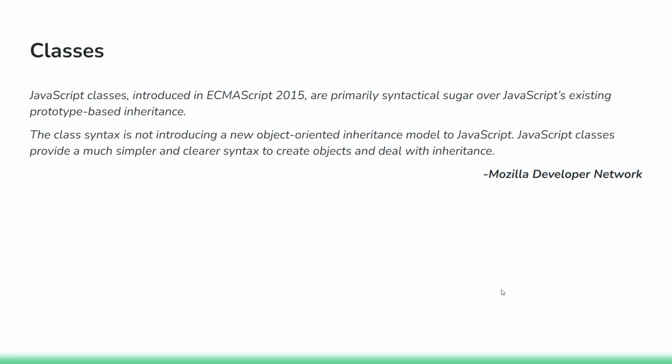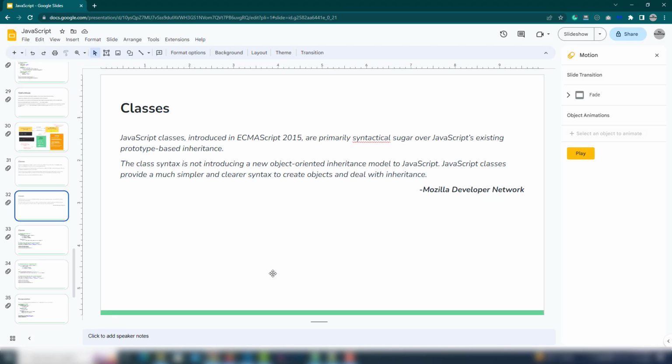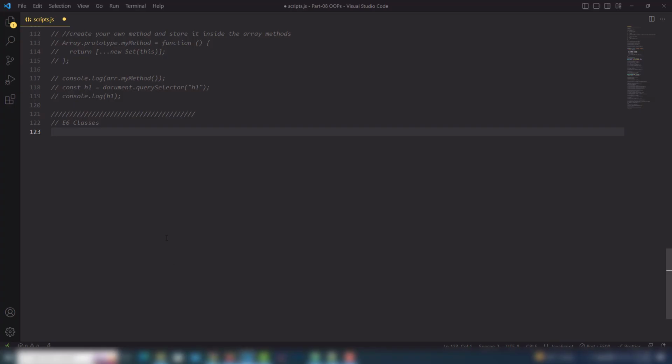The class syntax is not introducing a new object-oriented inheritance model to JavaScript. JavaScript classes provide a much simpler and clearer syntax to create objects and deal with inheritance. Source: Mozilla Developer Network.